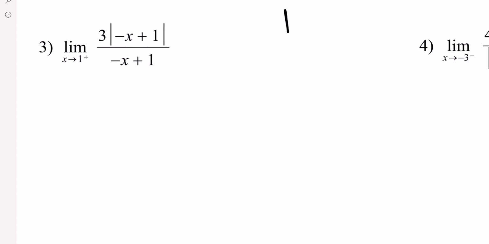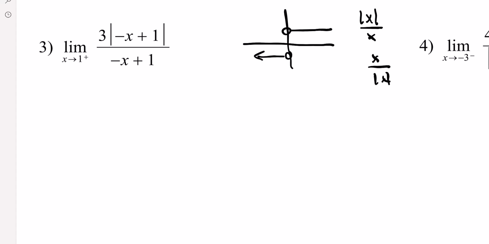Remember last week we talked about absolute value graphs. Rational absolute value graphs look like this. Okay, this is the parent graph, absolute value of x over x, or x over the absolute value of x. f of x is equal, right?